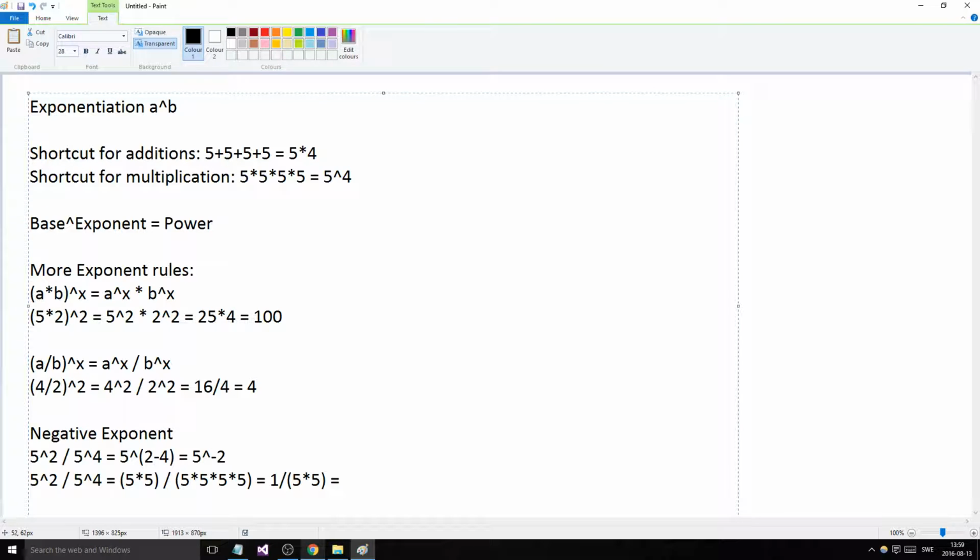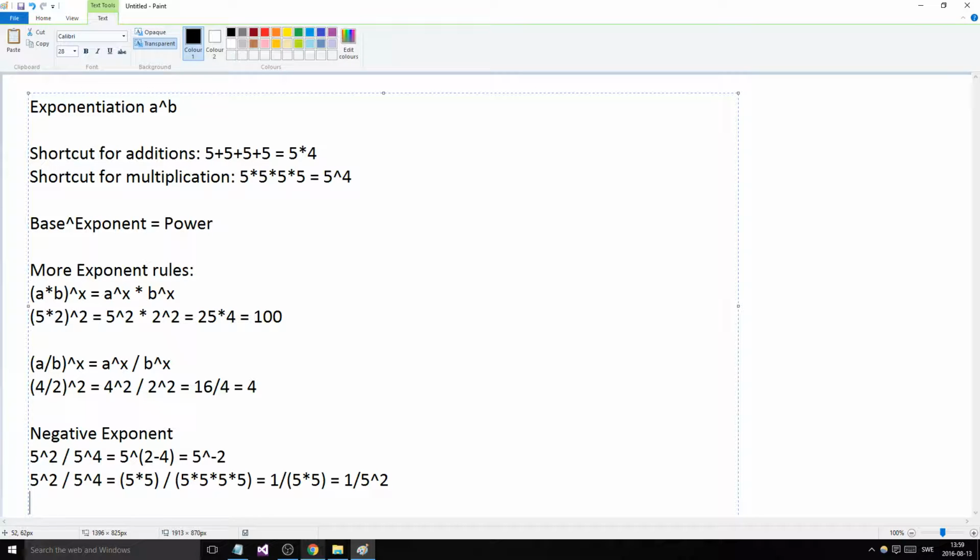So what is this? Well, look at this. A chain gives us an exponentiation. So what this gives us is 5 to the power of 2, so 1 divided by 5 to the power of 2. And what is this? This is 5 to the power of minus 2. Well, since these two things are the same, this must be the same as this, right?